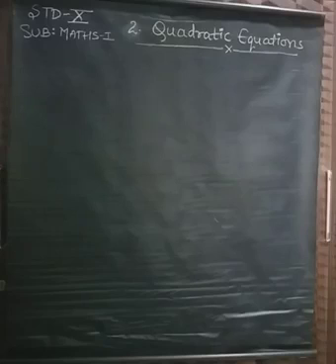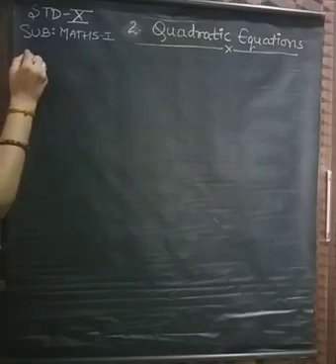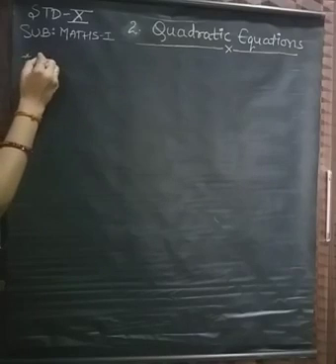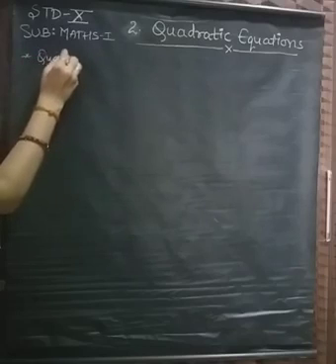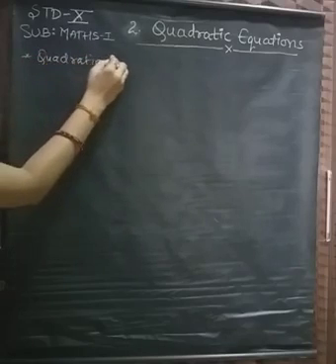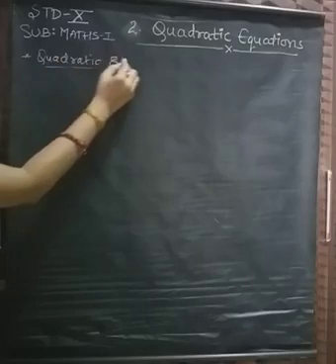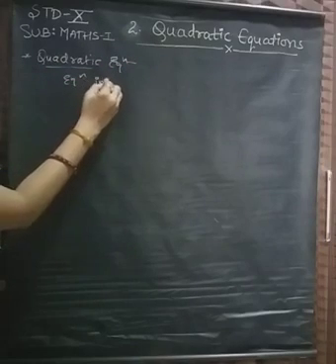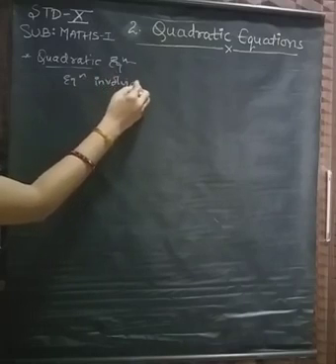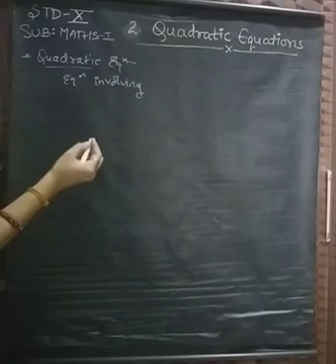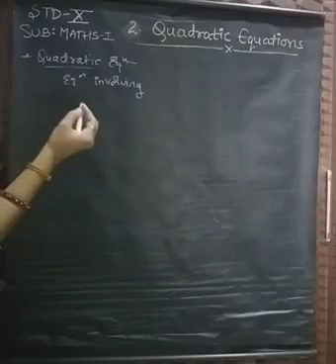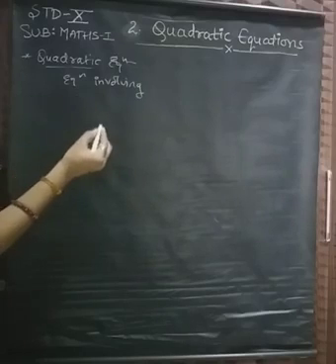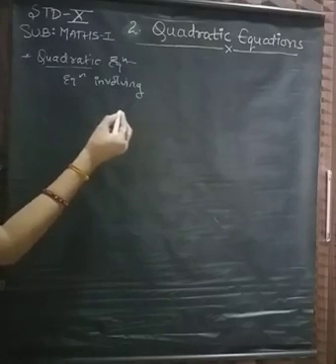Now the next topic is quadratic equation. What is a quadratic equation? An equation involving one variable and having 2 as the maximum index of the variable is called the quadratic equation.